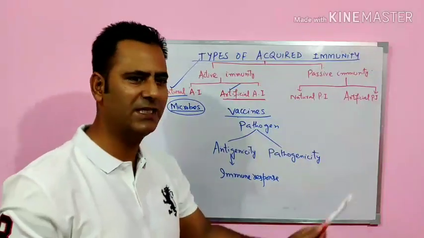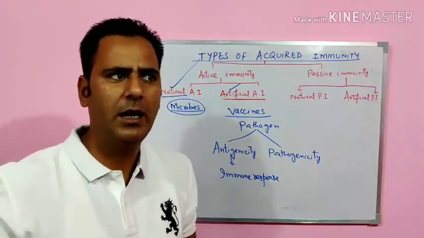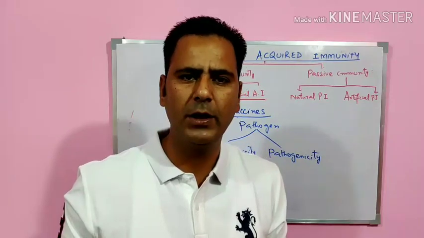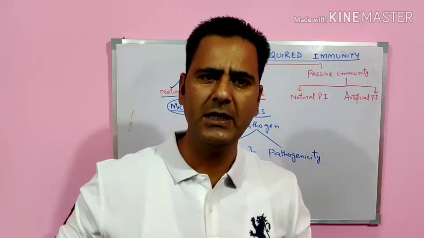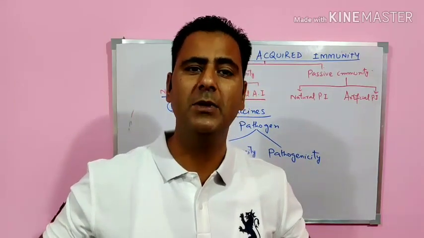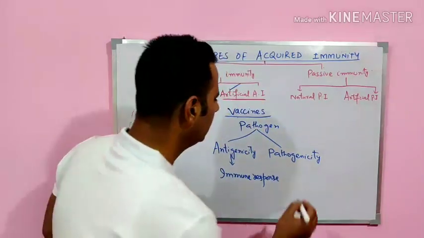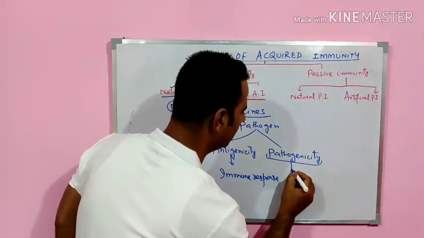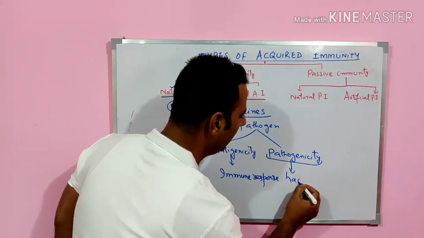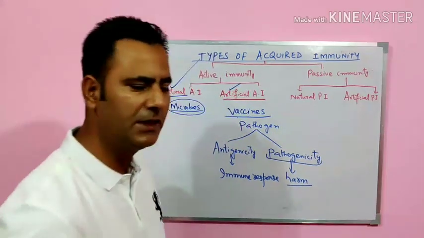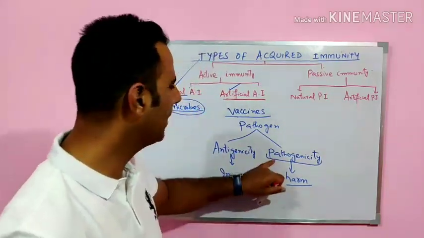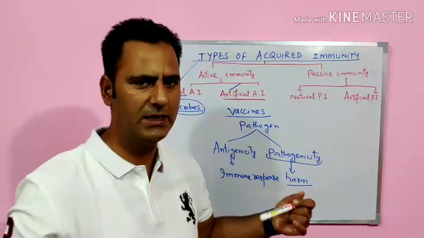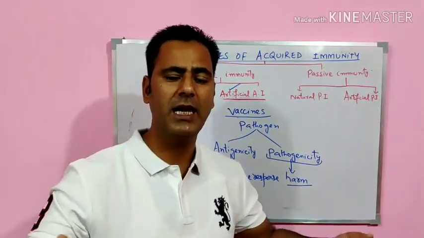Second, pathogenicity. Whenever any pathogen invades our body, it is not only going to activate the immune system, but at the same time it gives us harm in a number of ways. This property of the pathogen, by which it gives harm to the organism, to the person, is pathogenicity. Every disease is associated with signs and symptoms.